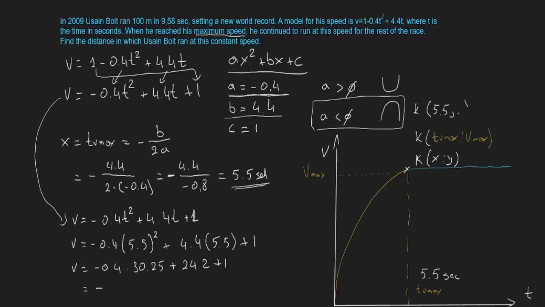It equals negative 12.1 plus 25.2, equals 13.1. So now we know that the maximum speed that he ran is 13.1. We write it down here as a coordinate, 13.1.